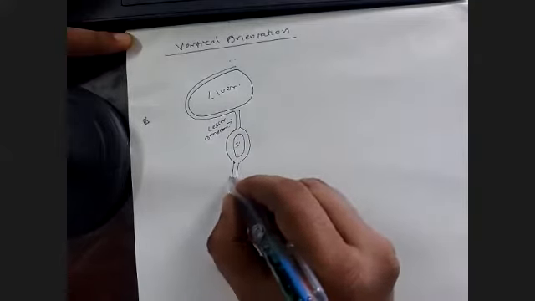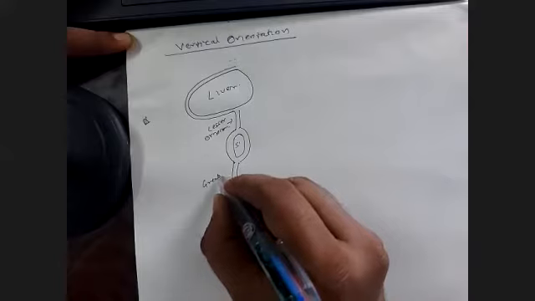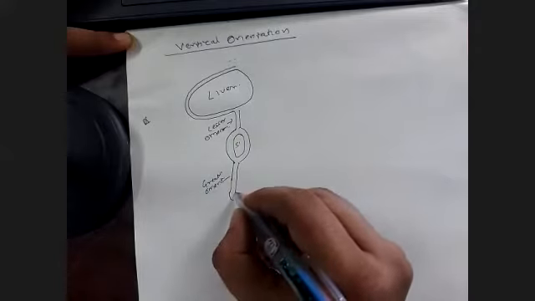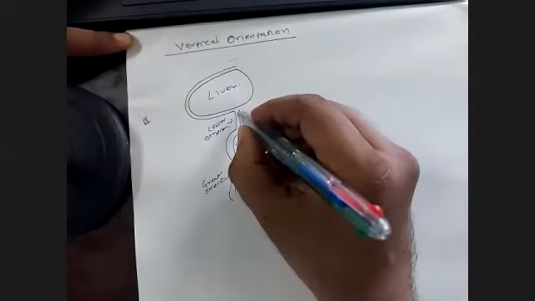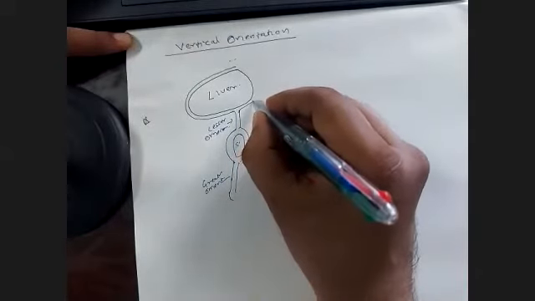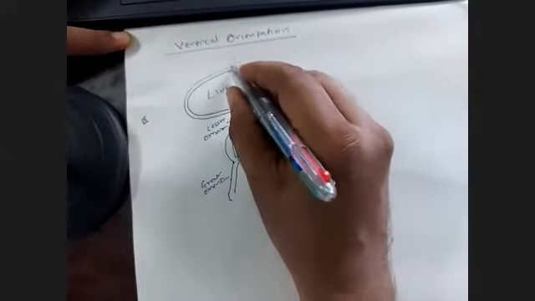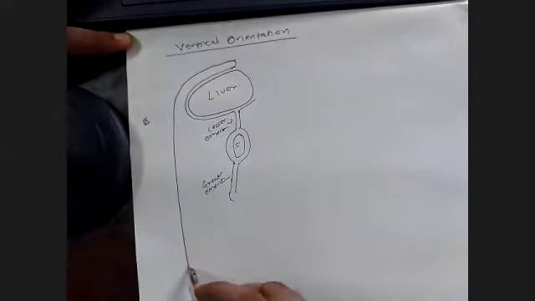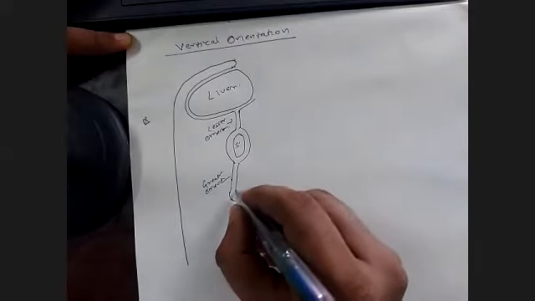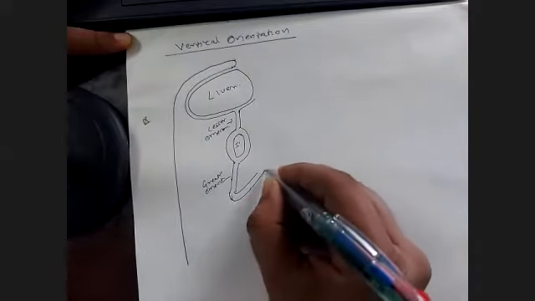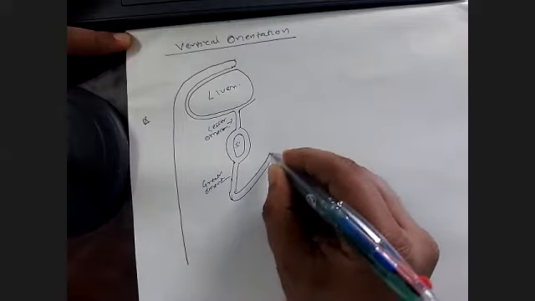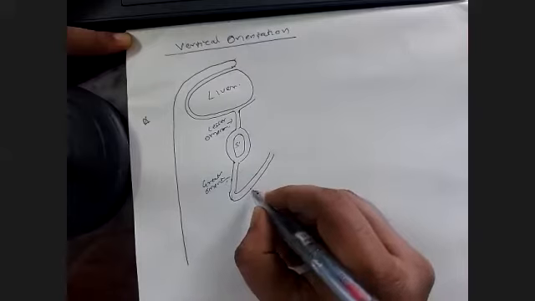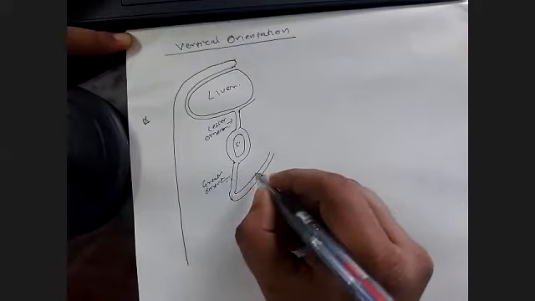This is now called the greater omentum. This is sometimes called layer number 1, which continues as 4. This is 2, which continues as 3.